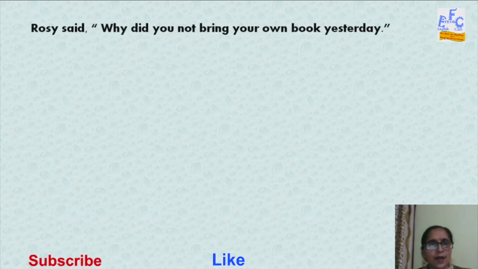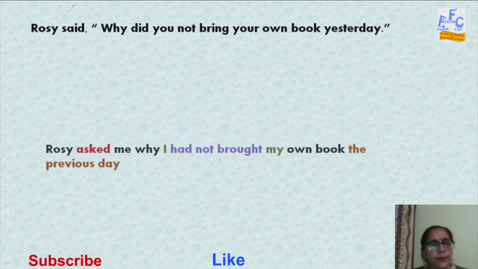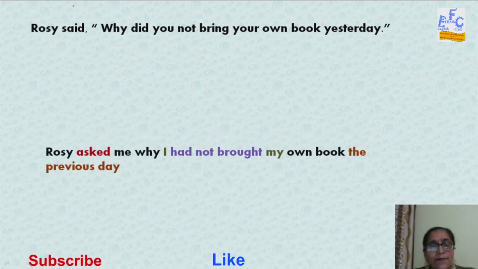Let's look for another example and find out how the changes are being done. Rosie said, why did you not bring your own book yesterday? So, let's see how this has been converted. Rosie asked me why I had not brought my own book the previous day. So, let's look at what kind of question it is. It is a WH question.